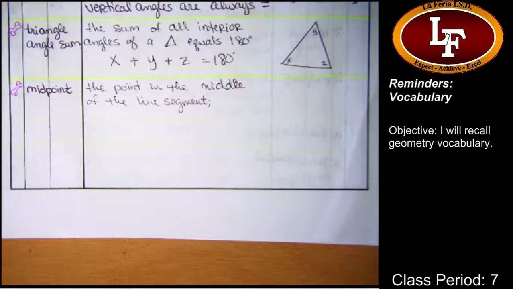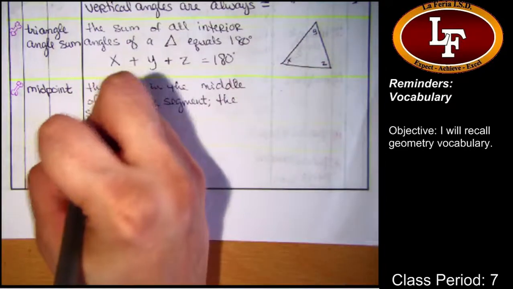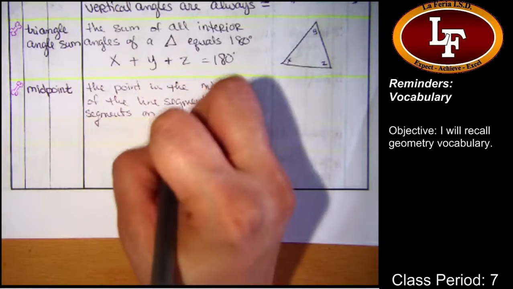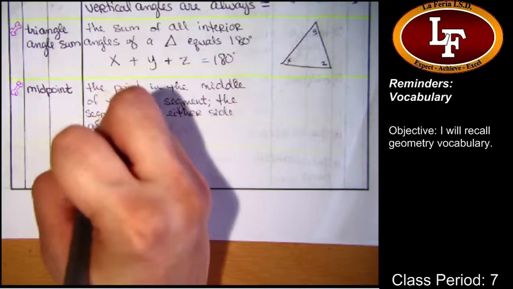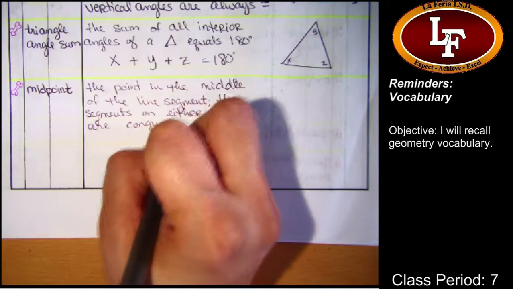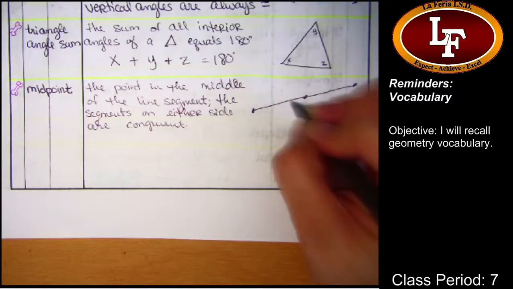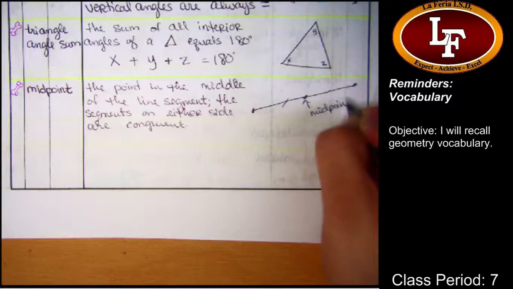They must equal each other. Lovely. So the segments on either side are congruent. So you're going to have something that looks like this. Like that.